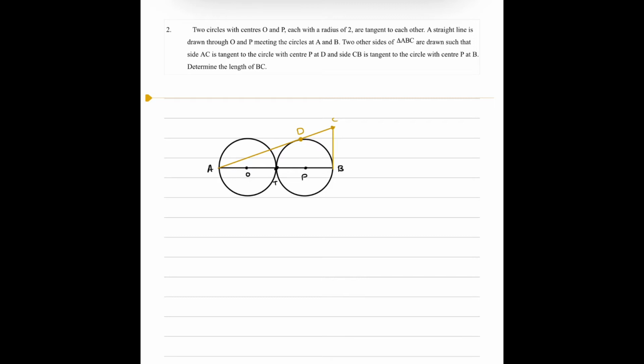Determine the length of BC. It's pretty easy. As per the laws of tangents, this side should be equal to this side, because two tangents coming from one point touching the circle at two distinct points have the same length. So the first information we know is BC is equal to CD.